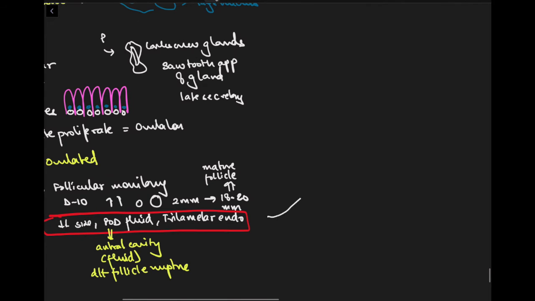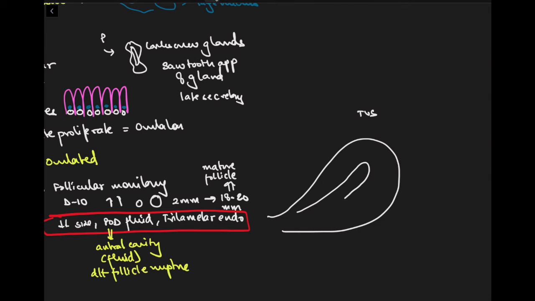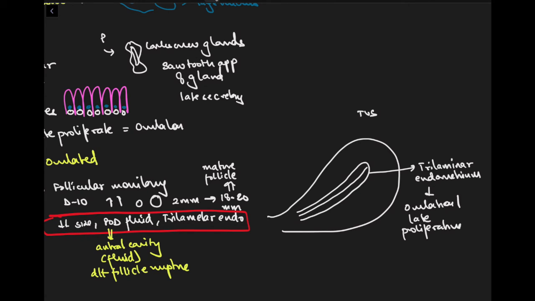Now, when we perform a TVS, the trilamellar endometrium would appear like this. Right, there are three layers in the endometrium. This signifies that ovulation has occurred and we are seeing the late proliferative phase.